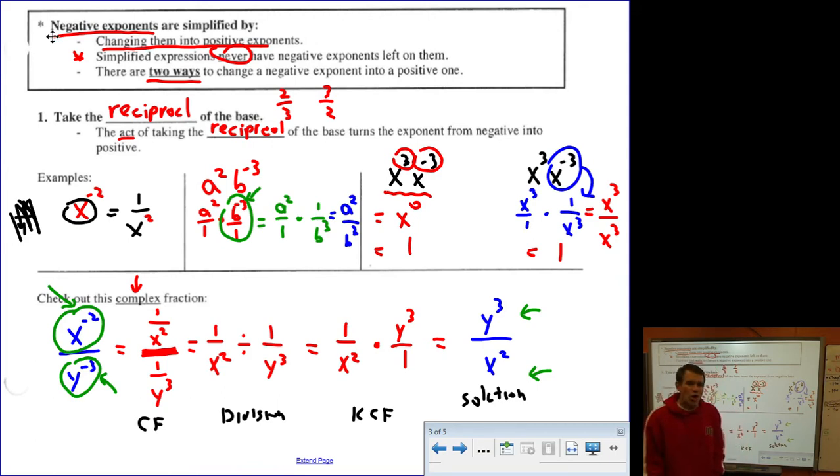So often we will have negative exponents that are on fractions. And the thing I would like to point out to you is that taking the reciprocal is actually the same as just moving a term to the opposite place in the fraction. So if it's in the numerator, you move it to the denominator, and that's like taking the reciprocal and turns the exponent positive. Or if it's in the denominator, it moves to the numerator.